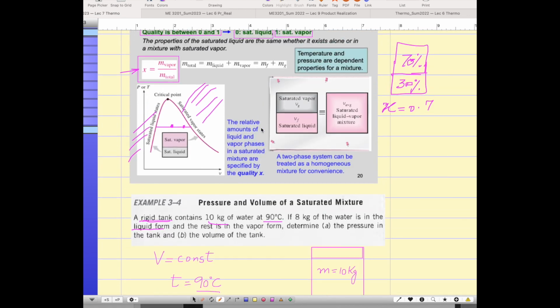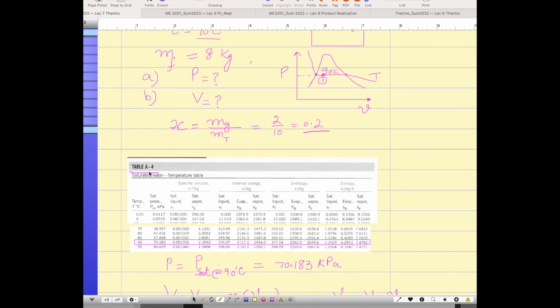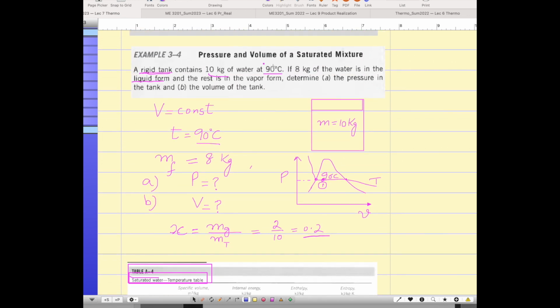Maybe you have understood the idea of how to find the specific point in the table. We just have to look into the temperature table. There are different types of tables at the end of the book, and this is known as the temperature table. Because we are given only the temperature, we will look at 90 Celsius.